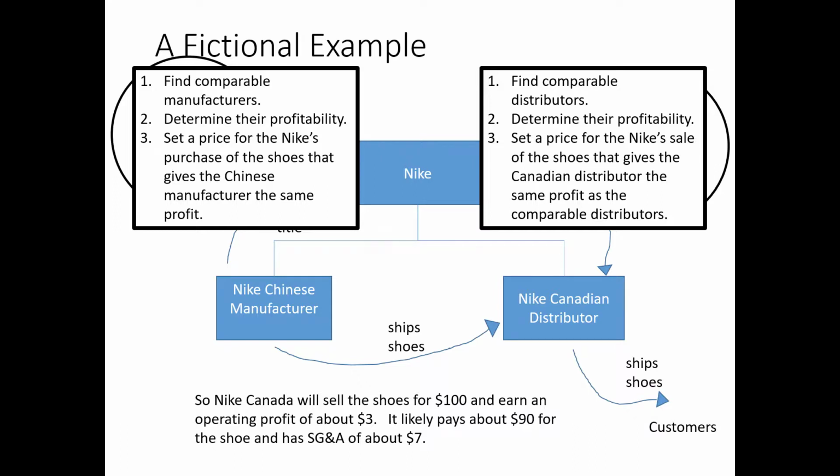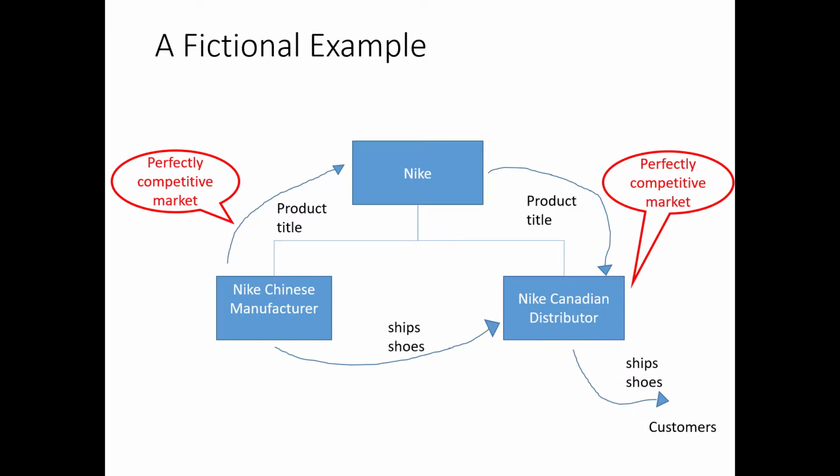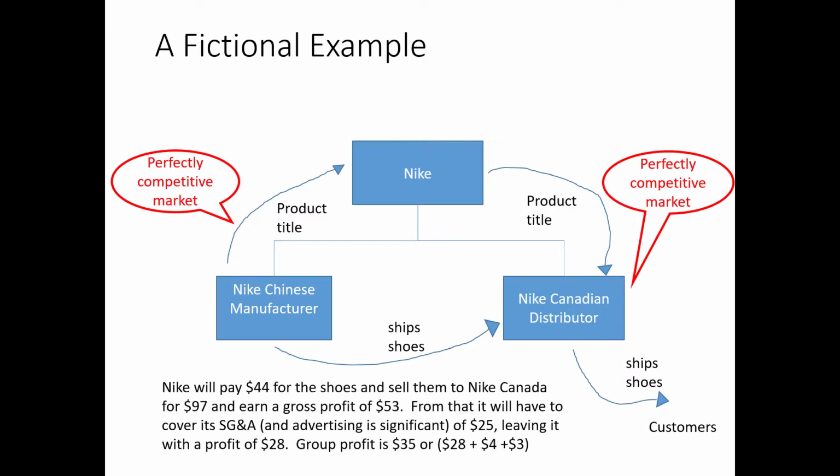So where does this leave us then? Okay, we've got this product flow and the shoes go out, and it's a perfectly competitive market in Canada and China, but Nike is where the value proposition is. So effectively, Nike would pay $44 for the shoes from the Chinese manufacturer and then sell them to Nike Canada for $97, and it's going to earn a gross profit of $53 on that.